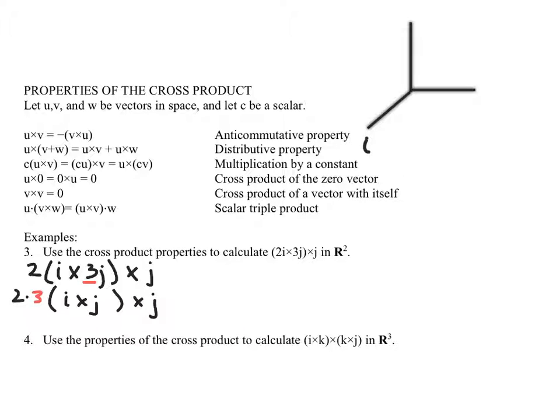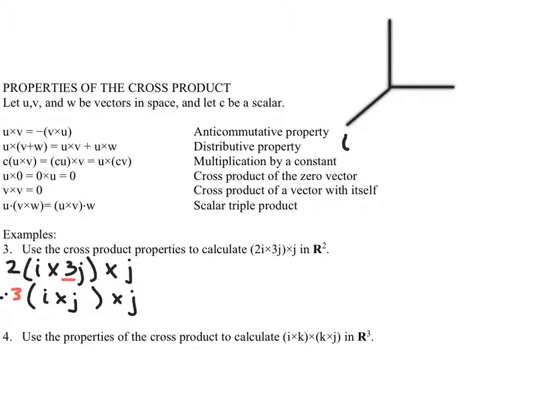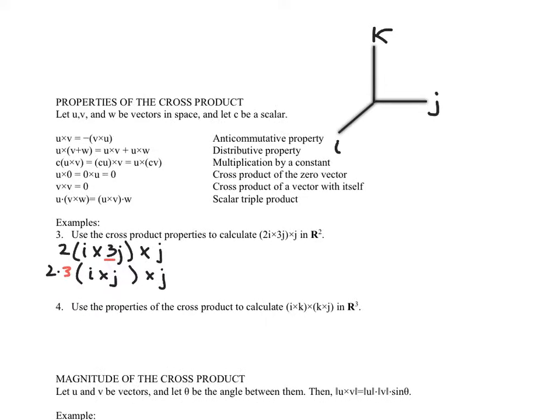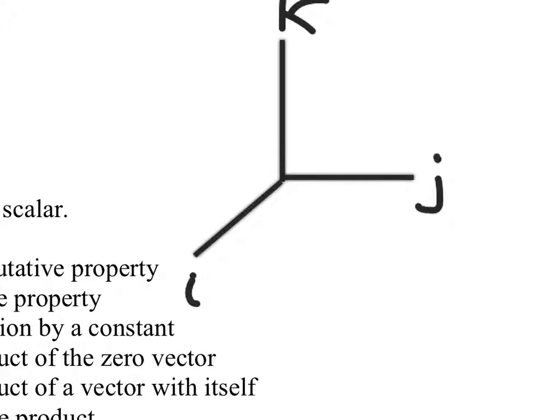So here's my i. And there's my j, and there's my k. All right, and I'm going to attempt to hand sketch in what the negatives would look like.